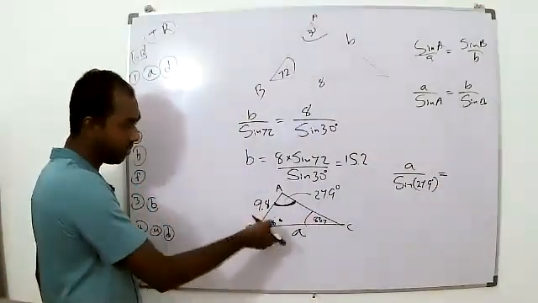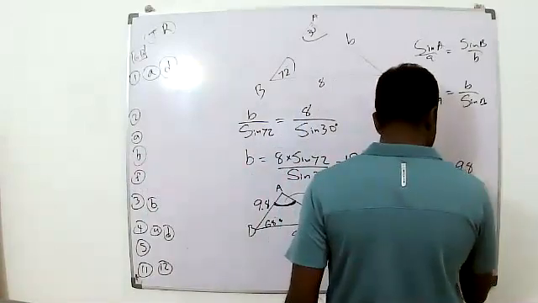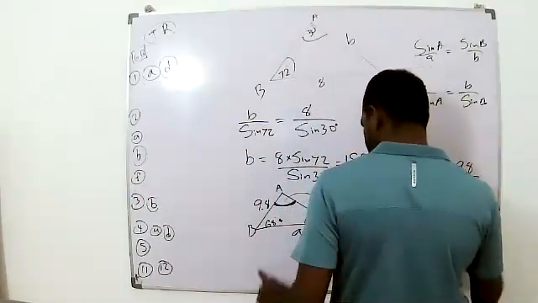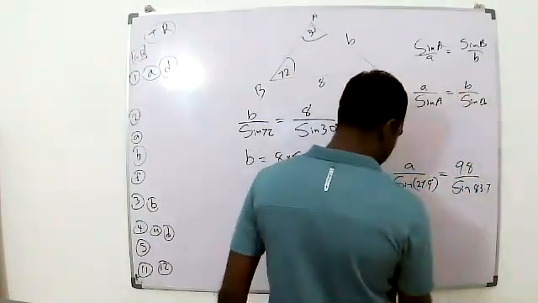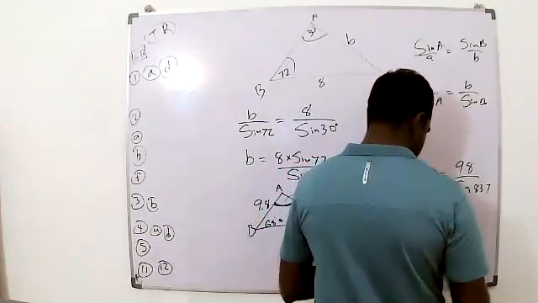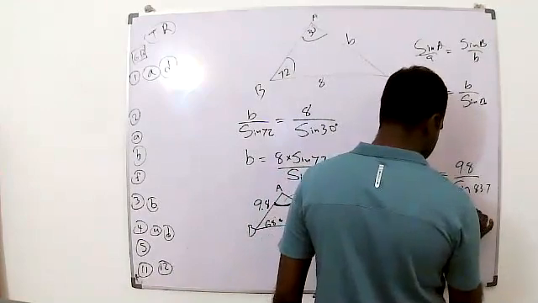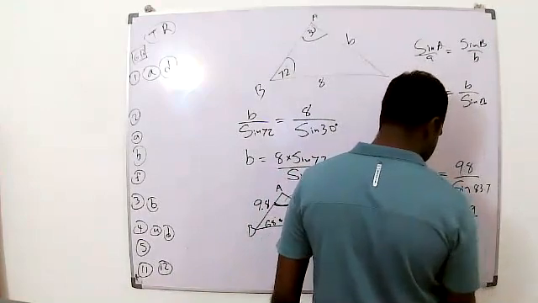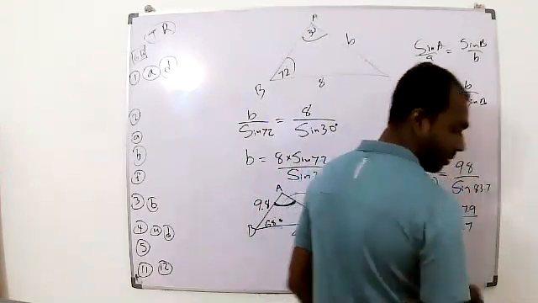We don't need the angle B. So we can write 9.8 divided by sine 83.7. So a is equal to 9.8 times sine 27.9 divided by sine 83.7. How much are we getting here?